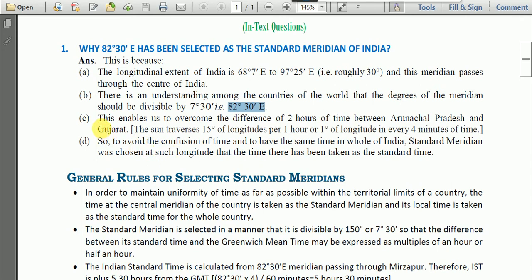So point number 3, this enables us to overcome the difference of 2 hours of time between Arunachal Pradesh and Gujarat. So we have learned that the time difference between Arunachal Pradesh and Gujarat is 2 hours, that we have just calculated.